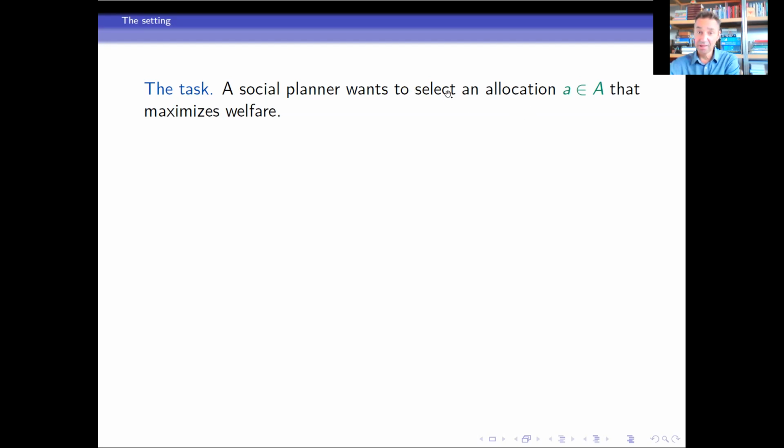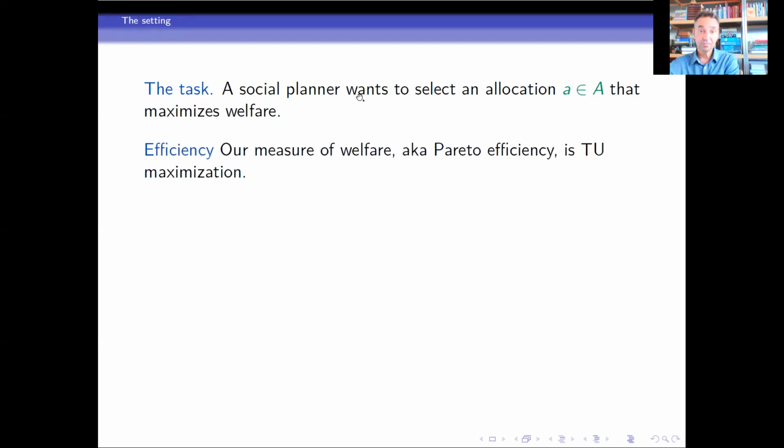So you have an allocation A, and then each agent has a v_i of A, and the total welfare is simply the sum over all these valuations. It's called TU maximization. So you're looking for an allocation that maximizes this specific expression. So the total utility of A, or total valuation of A, is the sum over all the v_i of A's.